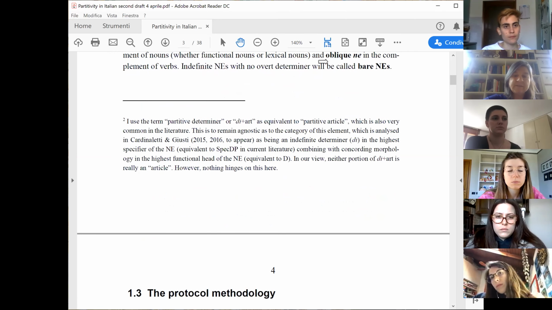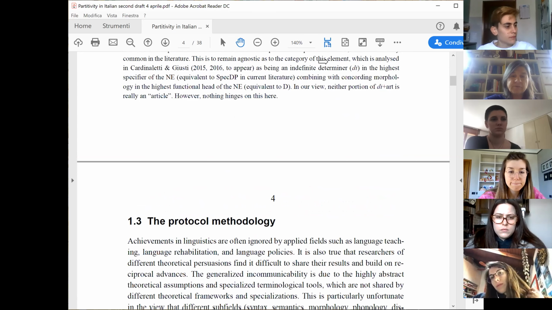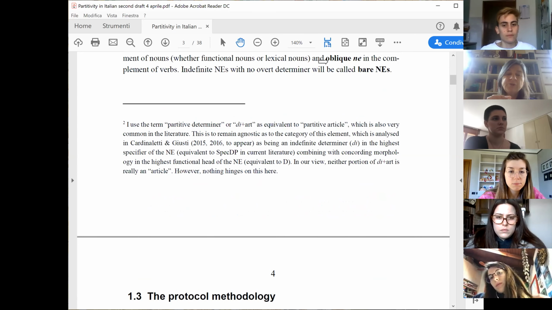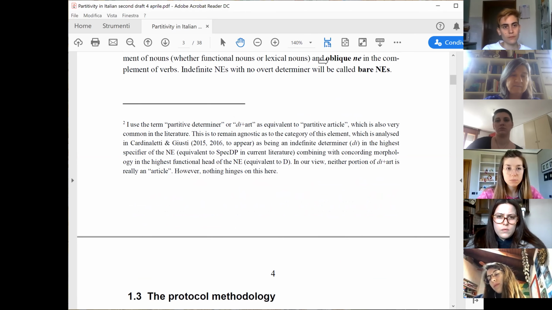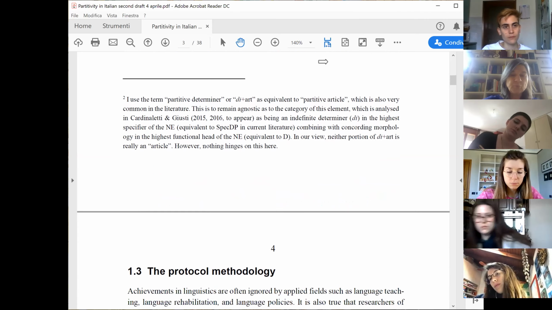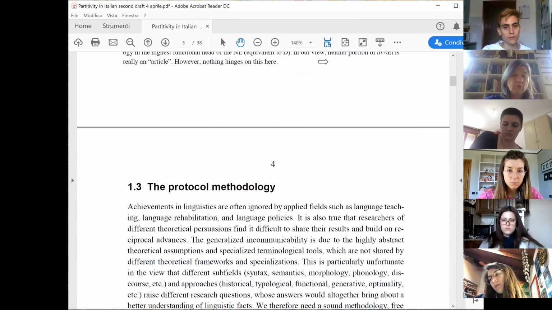Okay, so good. Then I have some larger footnotes. For example, I say I want to use partitive determiner and not partitive article because I don't believe it is an article or it is just an article. Okay, and then of course I quote work, which you already know.